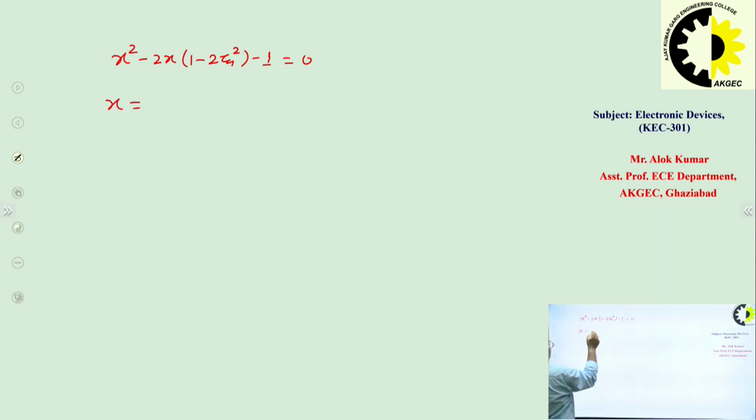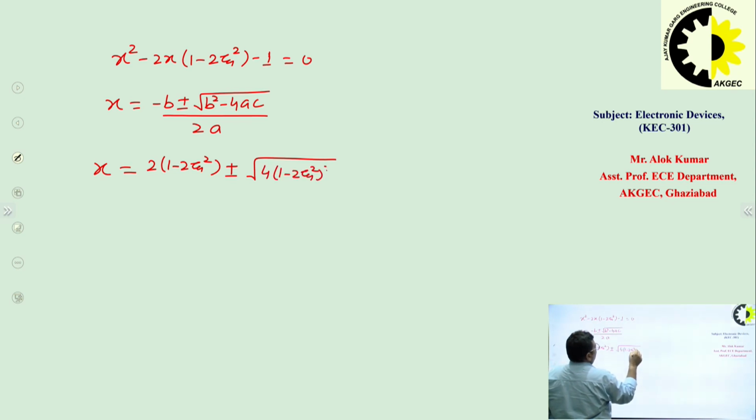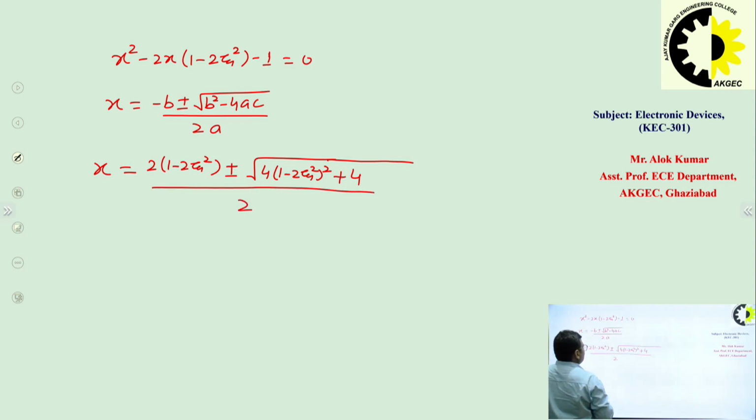We can use this formula: x is equal to minus b plus minus under root b square minus 4ac divided by 2a. So x will be 2 into (1 minus 2 zeta square) plus minus under root of b square, which will be 4 into (1 minus 2 zeta square) whole square, minus 4ac, which will be plus 4, divided by 2 into a, that is 2.